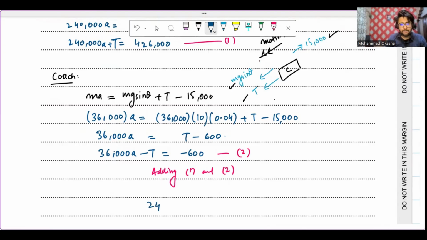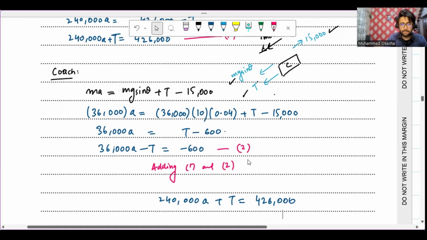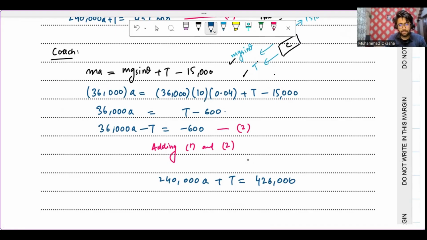So that is 240,000 A plus T equals 426,000, right? And if I add in the second equation, 36,000 A minus T equals negative 600.